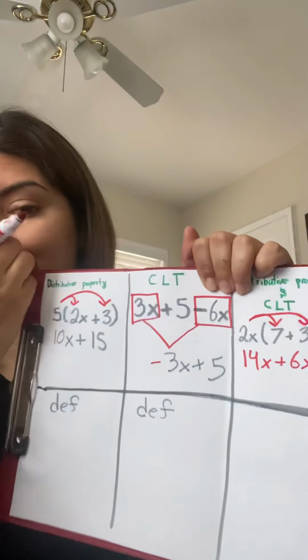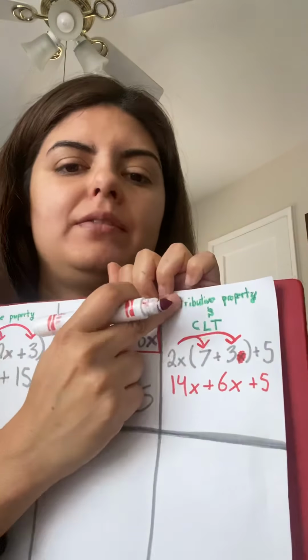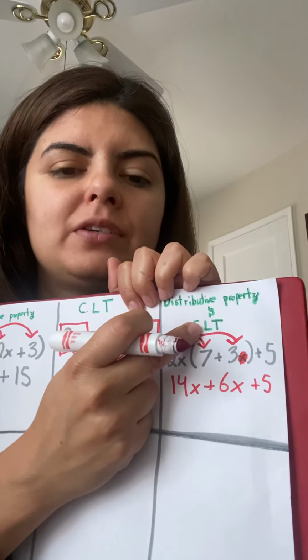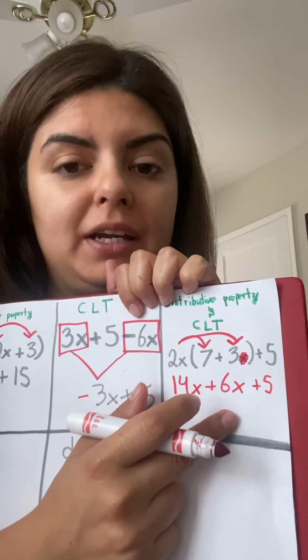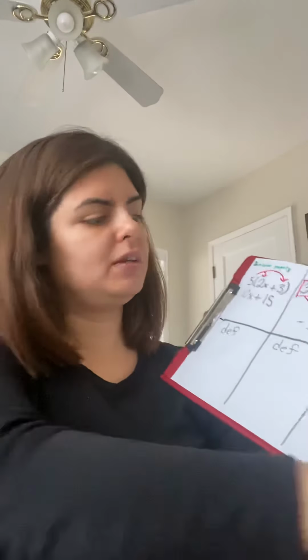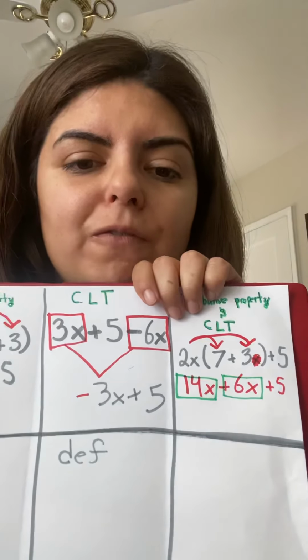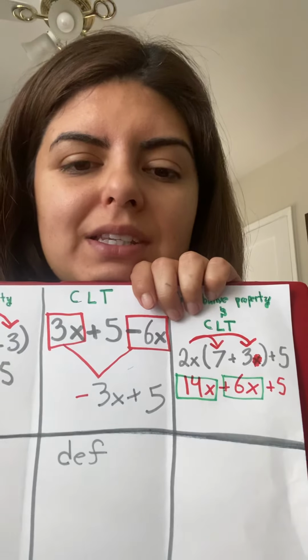Now what makes this distributive property and combining like terms is the fact that after we distributed, we still have to combine some like terms. So I'm gonna go ahead and box. It's gonna look like Christmas, our red and green here. So we have 14x plus 6x.